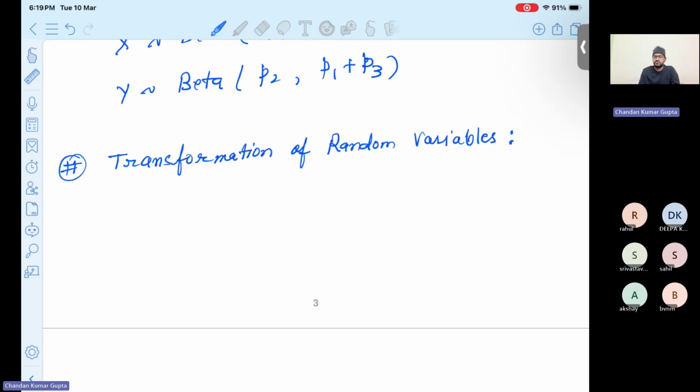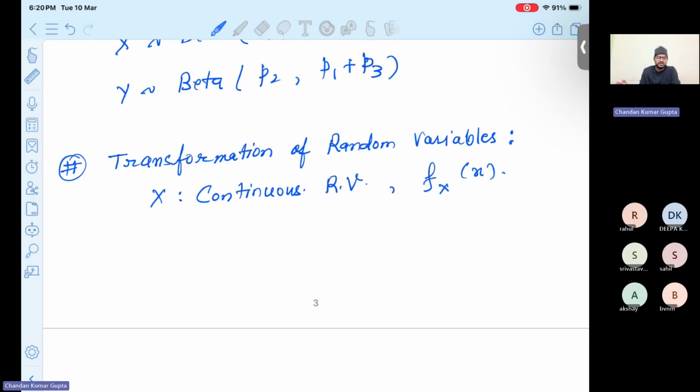Again in the same kind of setting, x follows some particular distribution d1, then what is the distribution of x square, what is the distribution of 2x, of x plus 5, or e to the power x? Suppose x is a continuous random variable. I'm discussing only the continuous case here. So if x is a continuous random variable and its associated PDF is small fx.